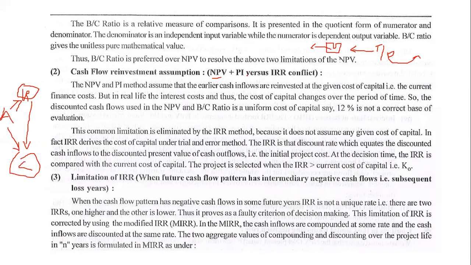Similarly, this common limitation is eliminated by the IRR method because it does not assume any given cost of capital. In fact, IRR derives the cost of capital under the trial and error method, and IRR is that discount rate which equates the discounted cash flow to the discounted present value of cash flow and ultimately the initial project cost.